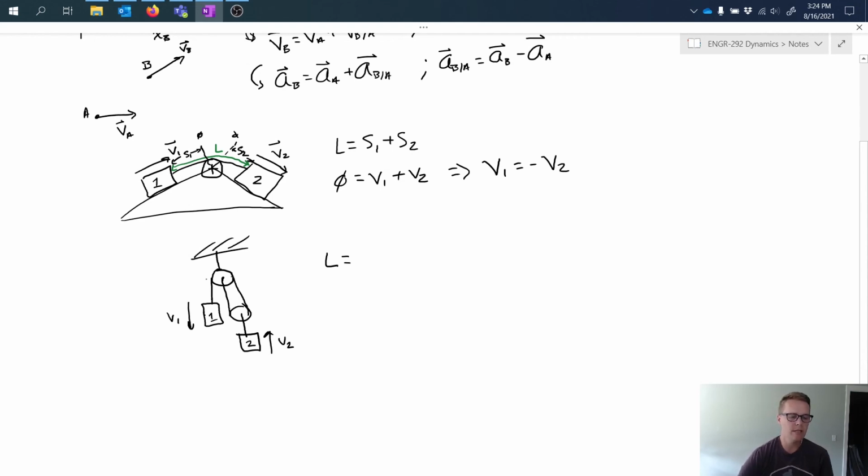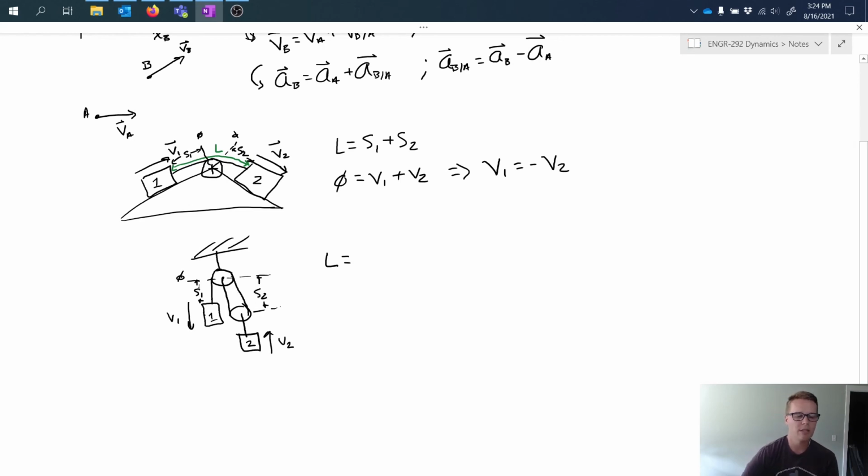Only one of my pulleys is not moving. That's this one up top. The bottom one moves up and down. So this top one can be my datum, or my zero line. And therefore, I'm going to define S1 for pulley 1, and then I'm going to define S2 for pulley 2.